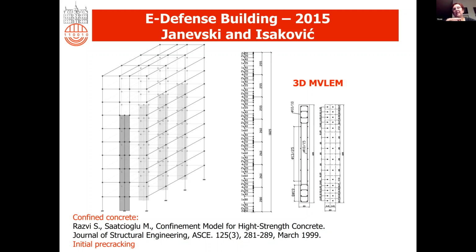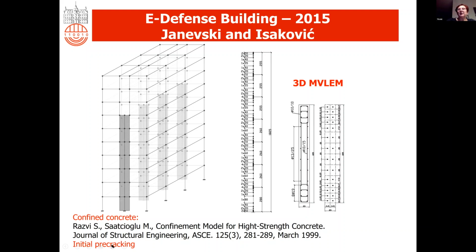For example, what can be modeled here? As I mentioned in the previous E-Defense meeting, we didn't perform, for example, the analysis of this isolated building, which was tested before this classic building, because we were able to take into account the initial pre-cracking.